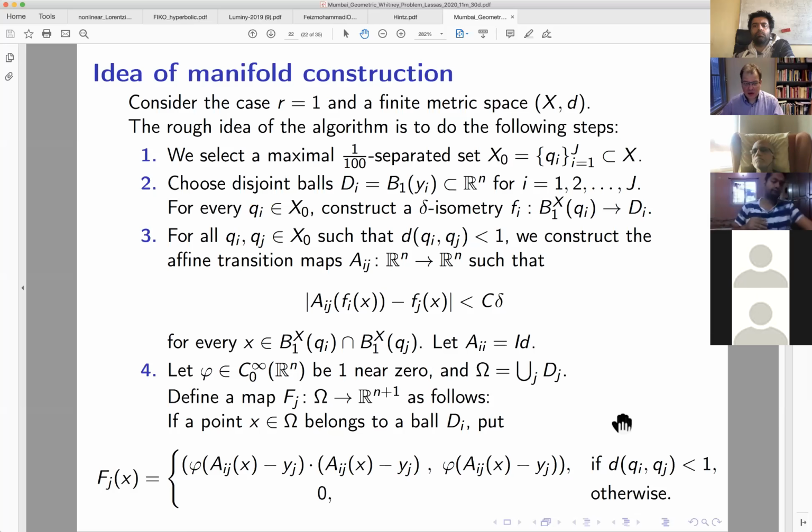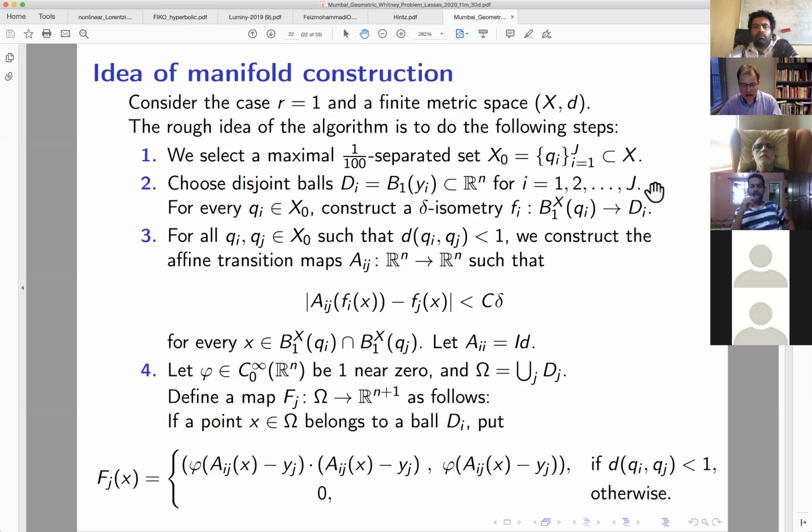So how do we do this? As earlier, we again start with the coarse net. We take a maximal subset where all points have distances at least 1 over 100. So this is a maximal 1/100-separated set. I call this the coarse net. And then for each point in this coarse net, we introduce a ball in n-dimensional Euclidean space.